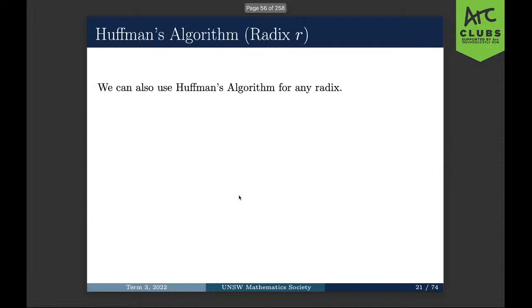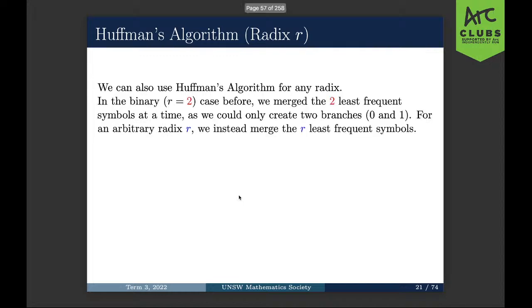Okay, so what we have seen so far is a Huffman code for radix 2, it was binary. The thing is, Huffman's algorithm can actually be used for any radix, but it's a slightly more complicated algorithm.